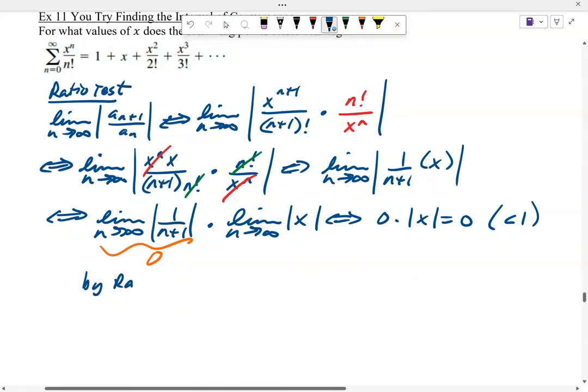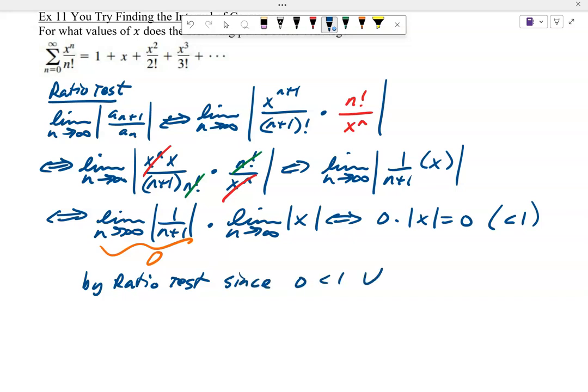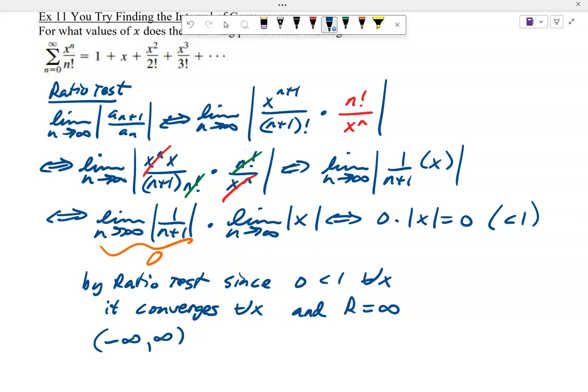So by the ratio test, since this was less than 1 for all x, it converges for all x. And so it's all real numbers for the radius of convergence. So negative infinity to infinity is the interval of convergence. So again, it doesn't matter what your value of x is.